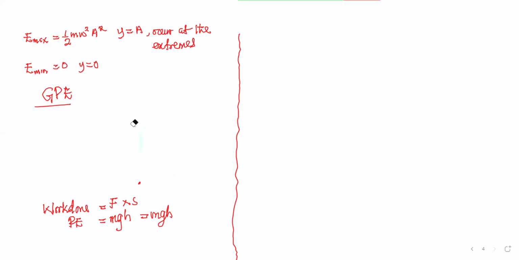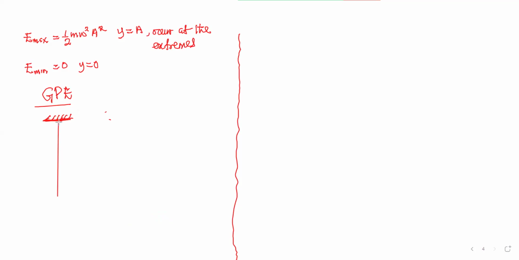Is that okay? So if it's about gravitational potential energy, then we look at the motion of a simple pendulum, a string. An oscillating pendulum is fixed at a point, and there is a length of the pendulum.